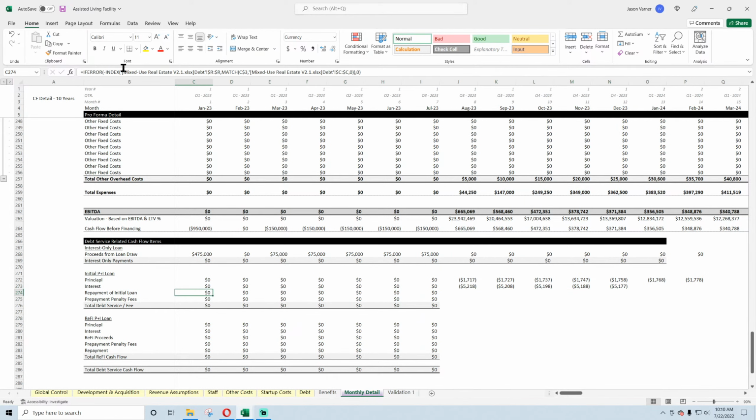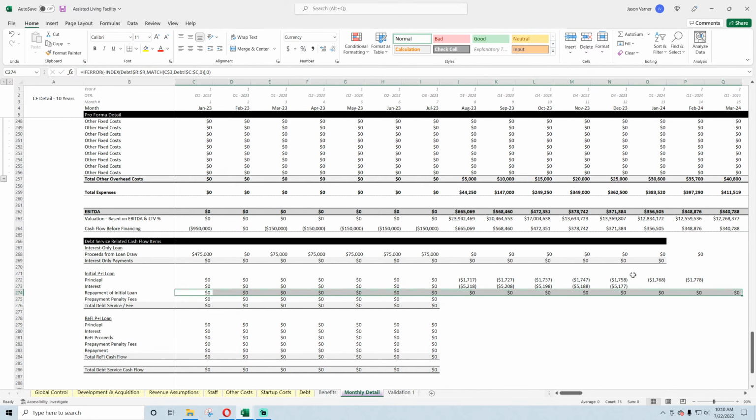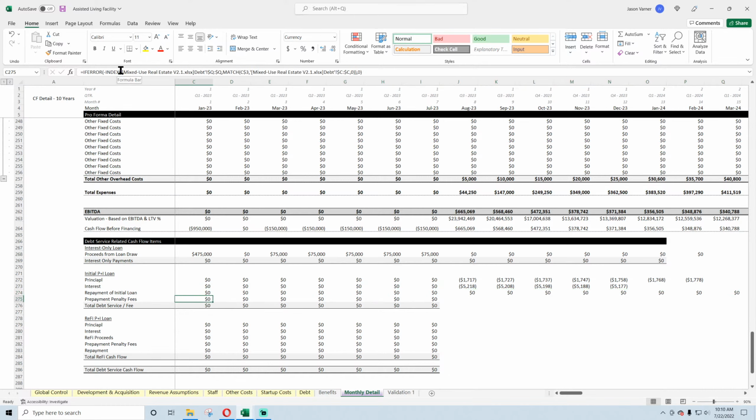Now repayment. And this all makes sense once you see all of the items flowing together. Prepayment fee, if applicable.